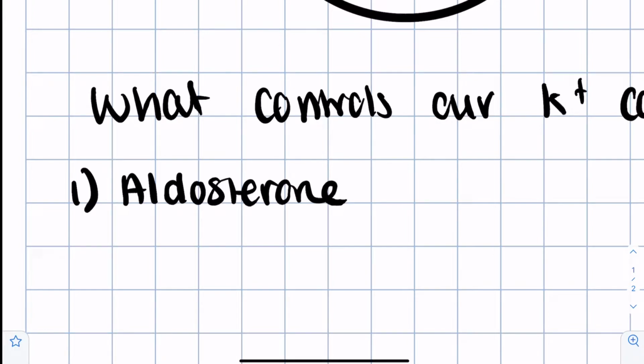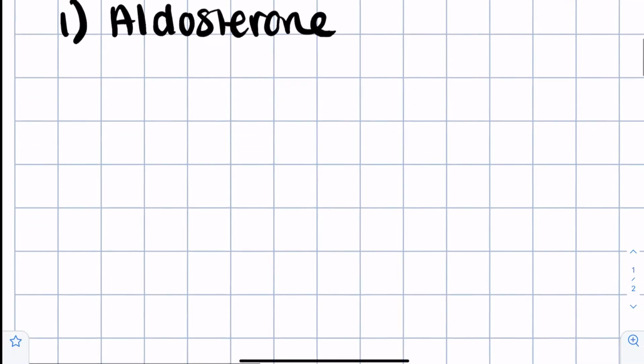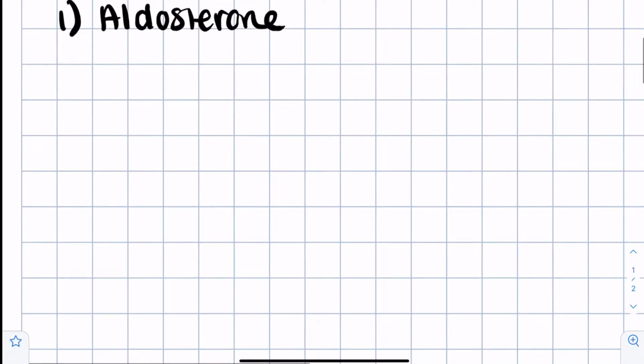So where is aldosterone made and what does it do? It's not too complicated, and I'd definitely advise going over the RAS, so the renin-aldosterone system that influences blood pressure, etc., but also potassium concentration as well, and perhaps we'll do a video of that in future.